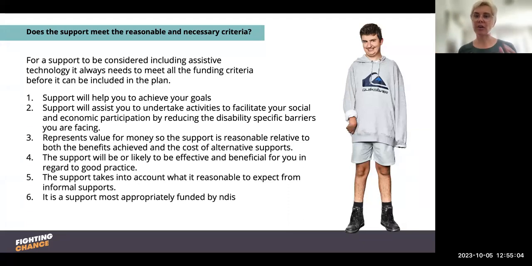Health and education and work will try and push it back, but then I would recommend sending the guide to mainstream and NDIS, mainstream versus NDIS supports, to them, and ensuring that it is in line with the guidelines and obviously with legislation.